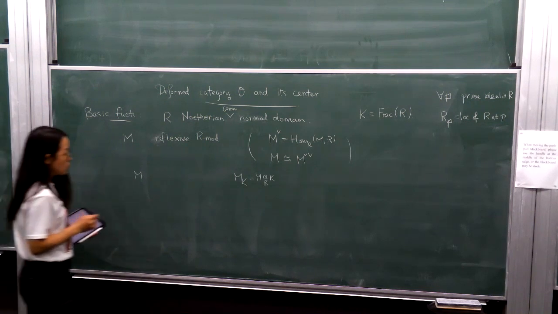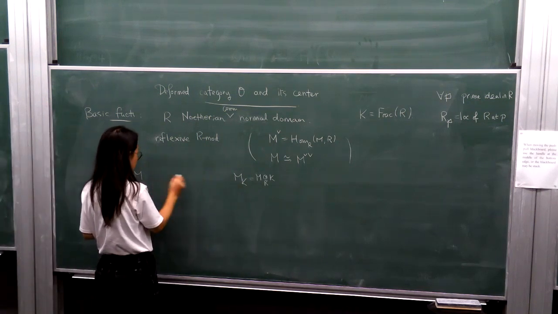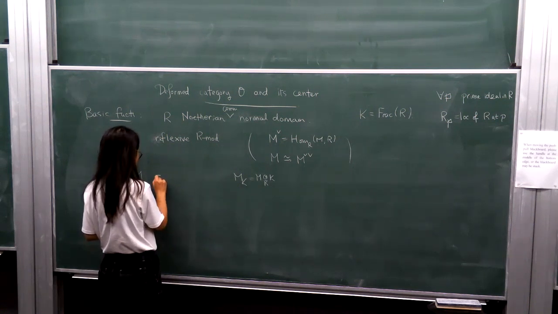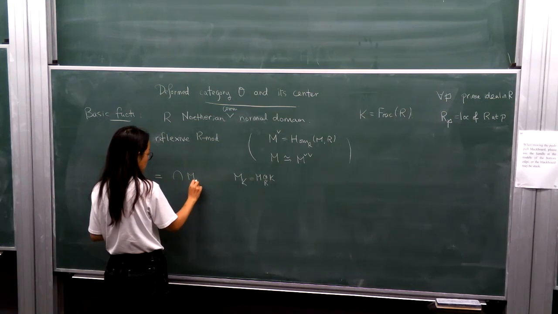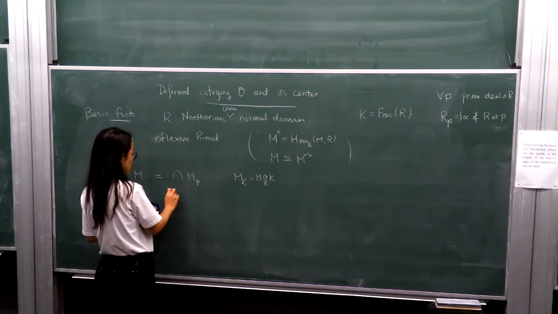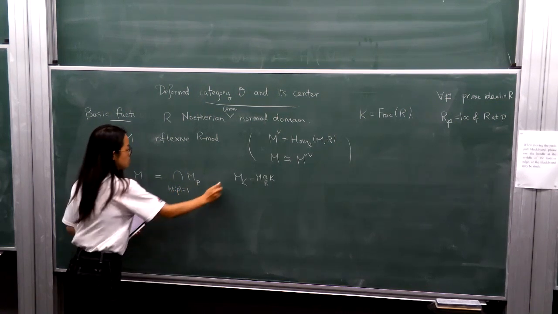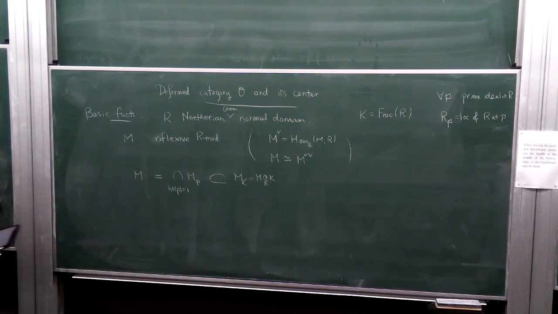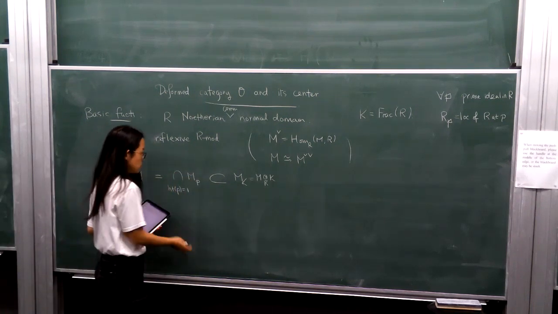And then M embeds into it, and actually as a subspace it can be identified with the intersection of all its localizations at P, where you take the prime ideals of height 1. So this is the property of the reflexive module.